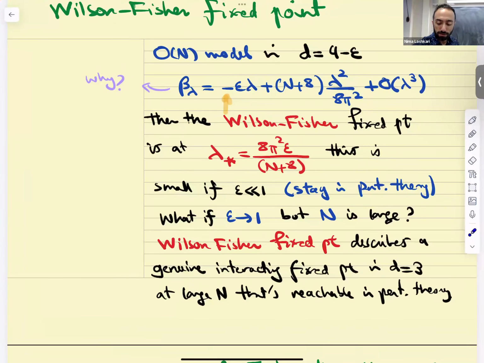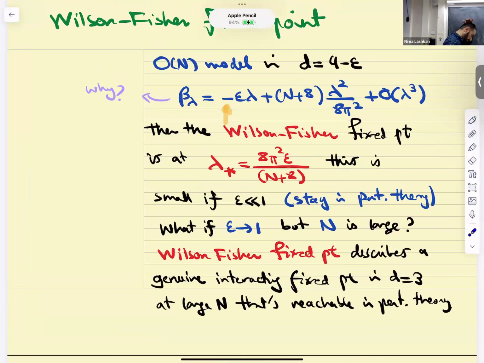One quick question. How does this entire analysis change if I consider a complex scalar instead of a real scalar? So you could think of the complex scalar field as a vector field model as well, right? Where the symmetry is U1.